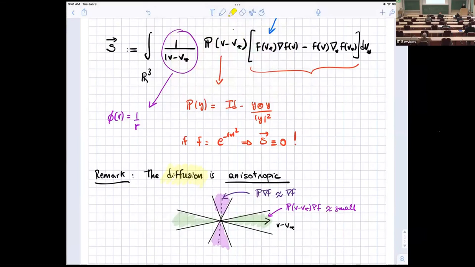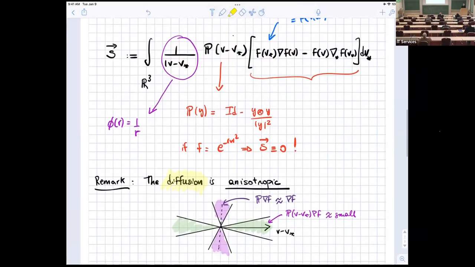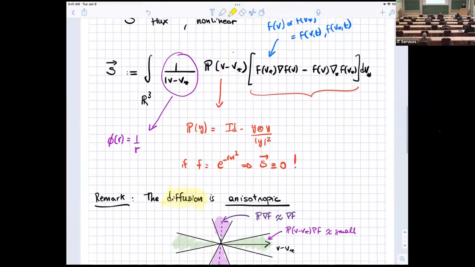if we rewrite the Landau equation in an equivalent form.